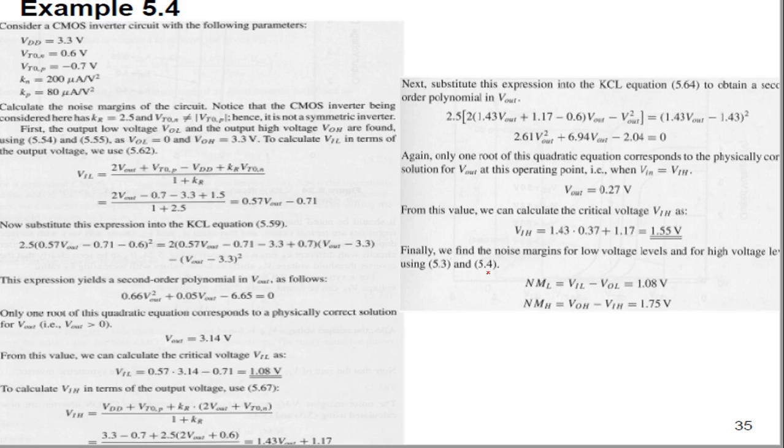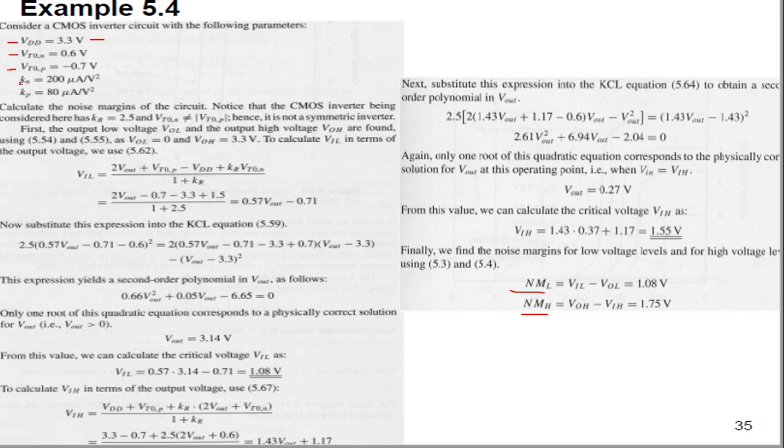They have told us to calculate noise margin low and noise margin high, given that VDD is 3.3 voltage. VT0N is 0.6 voltage and VT0P is minus 0.7 voltage. So the magnitude of VT0N is not equal to the magnitude of VT0P. Take note of this point.